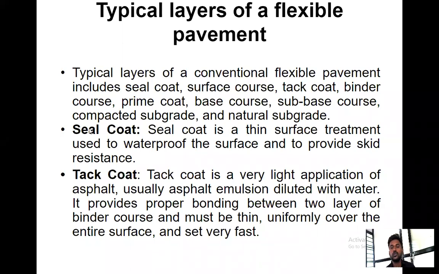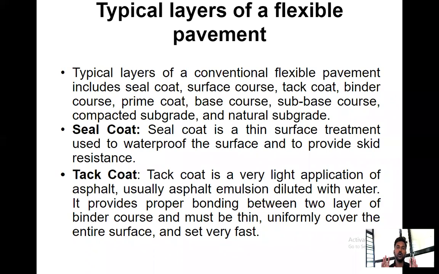So, what is the seal coat? The seal coat is a thin surface treatment used to waterproof the surface and provide skid resistance. What is the purpose of providing the seal coat? The objective of the seal coat is to give a waterproof condition for the road surface and also to provide skid resistance on the top surface, because the seal coat is provided at the top.